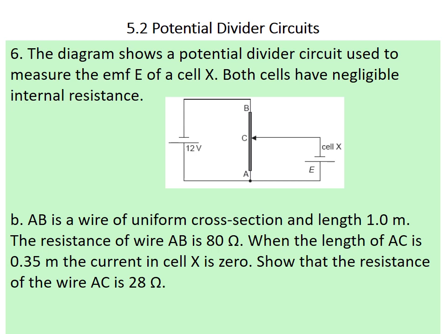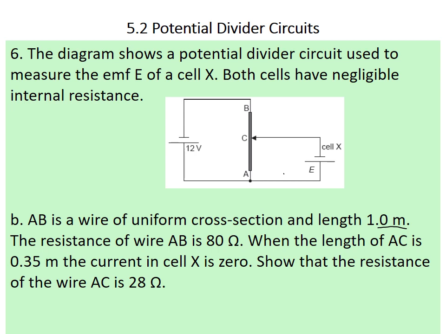Okay, so I have 12 volts supplied by the cell, and the resistance of the entire wire AB is 80 ohms. When I've shortened the length of this 1 meter long wire to 0.35 meters, I'm changing the resistance by that same amount.